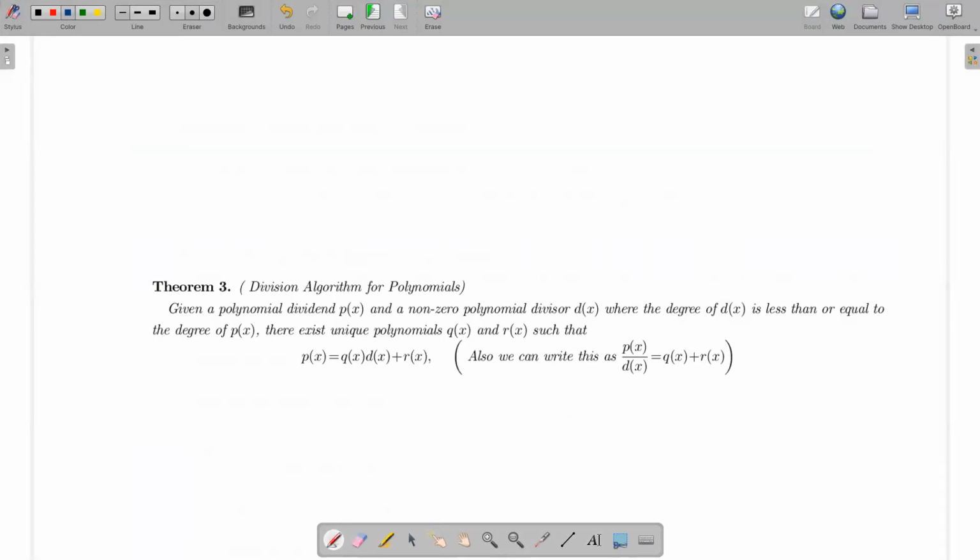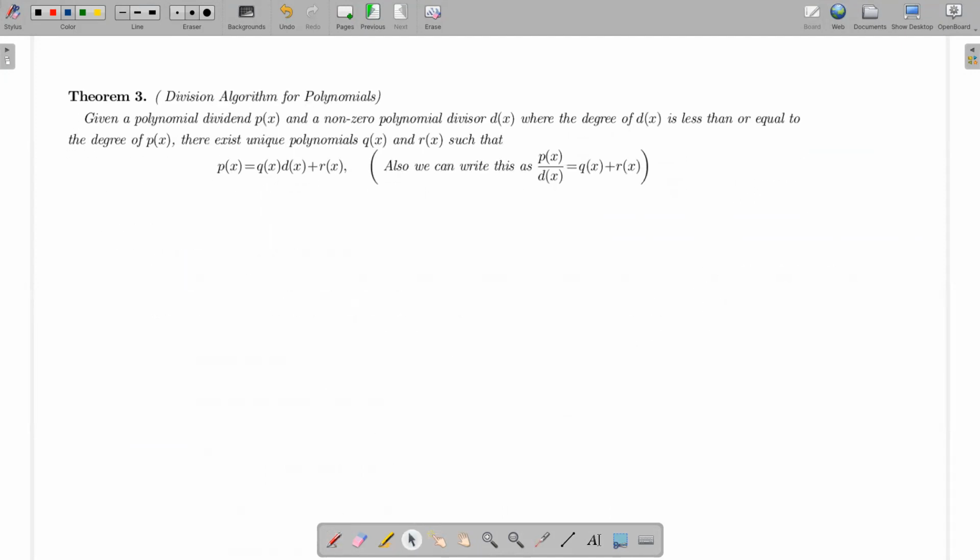Division algorithm for polynomials. Again, the remainder, there is a connection. Here the condition is that the degree of the remainder is less than the degree of the denominator d(x).